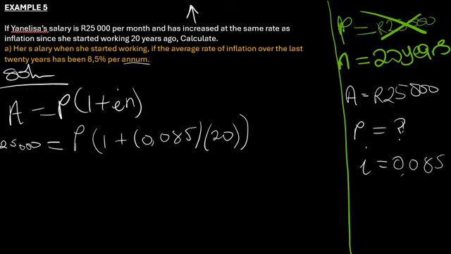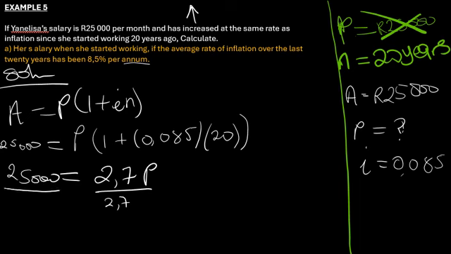Let's see what that is equal to. 1 plus 0.085 times 20 is 2.7. So I get 2.7 P equal to 25,000, dividing by 2.7 on both sides.